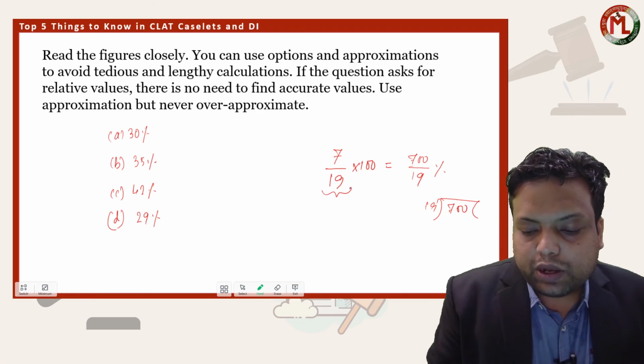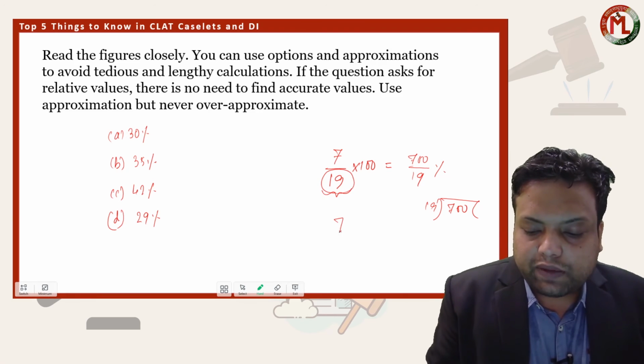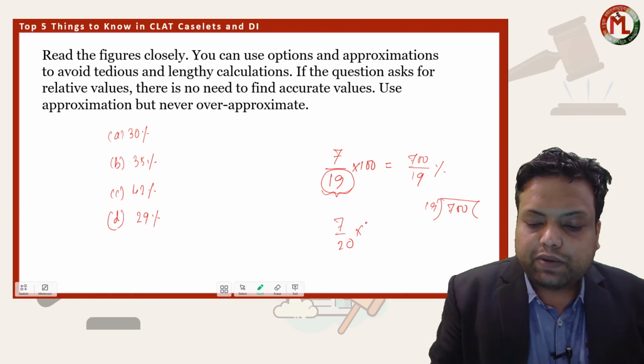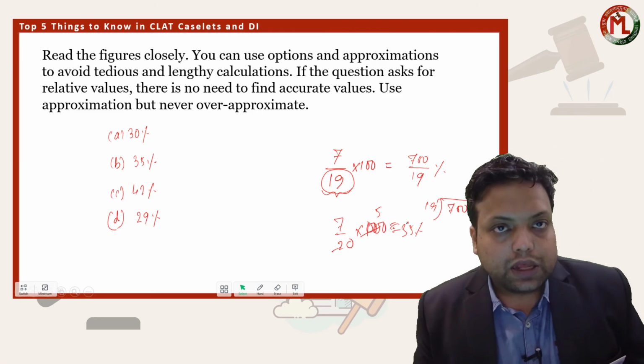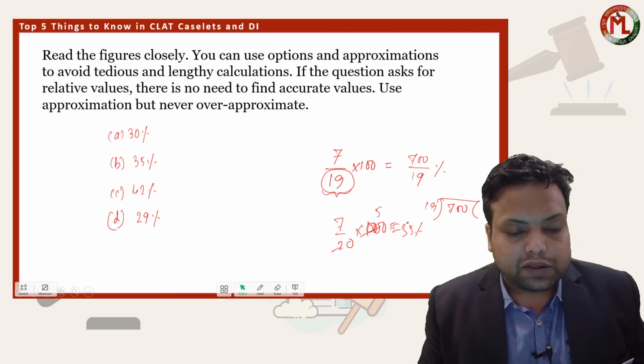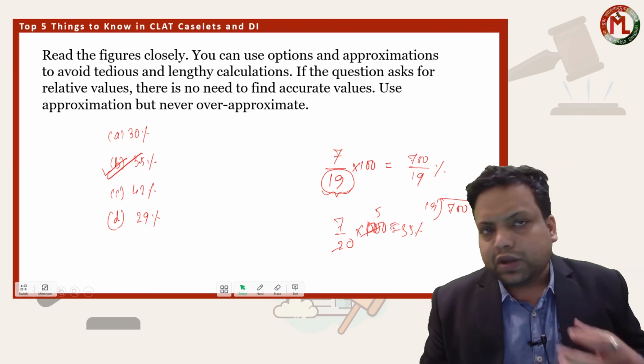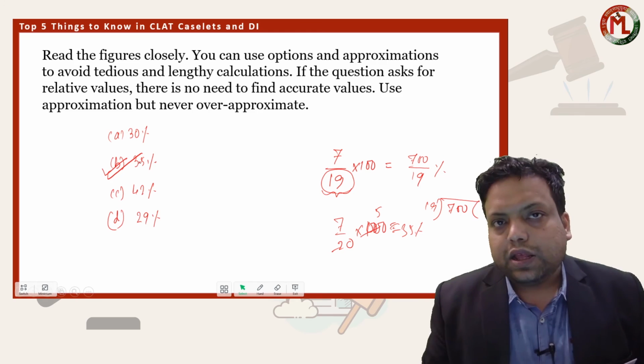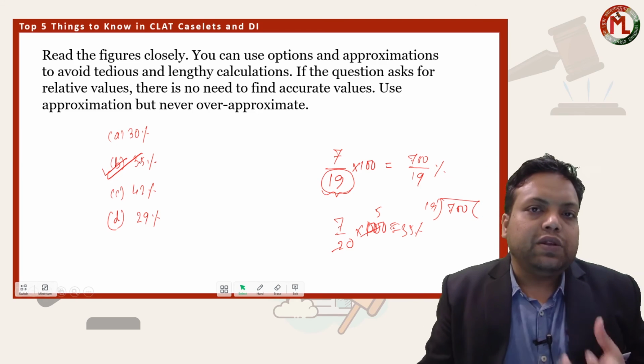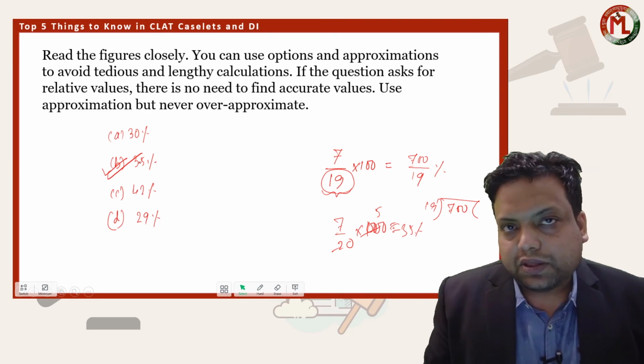So you can think of it in some other manner. Instead of this 19, if I put here 20, then it will cancel, and I get 35% as a very good approximation to the actual answer. And if the options are 35%, 36% or 34%, then the answer is very near to 35%, isn't it?